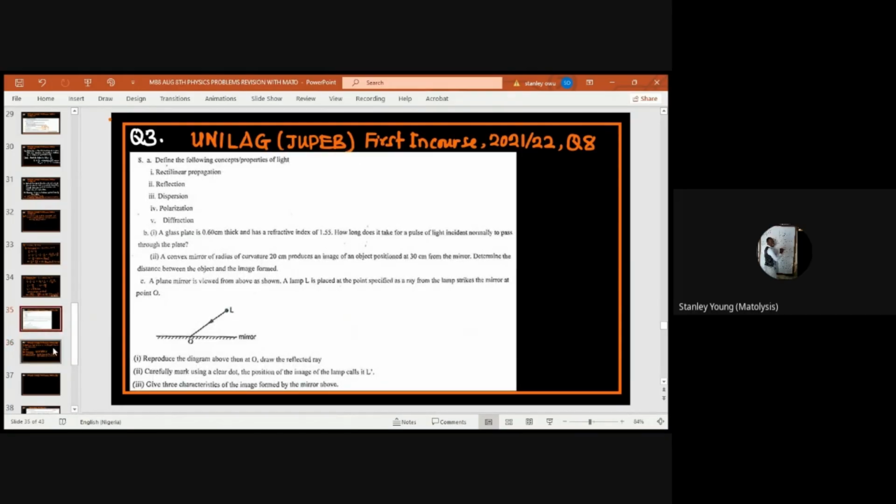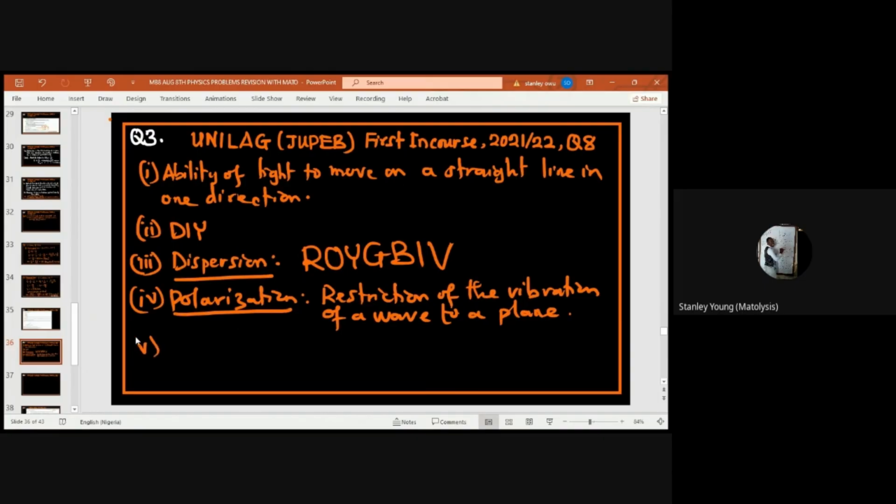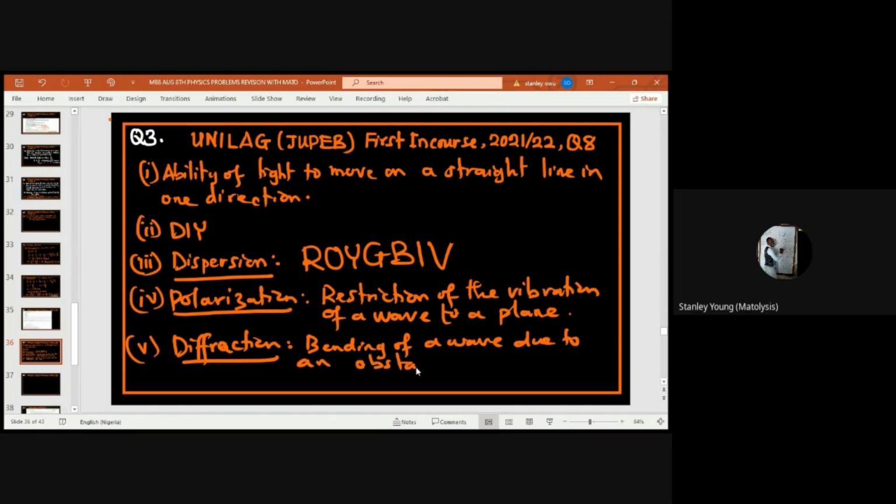Then we have diffraction. So diffraction is the bending of a wave due to an obstacle placed along its path of propagation.